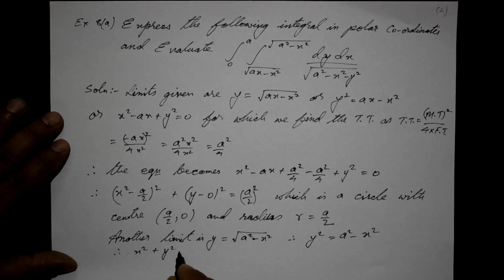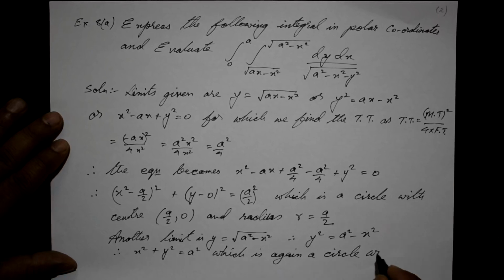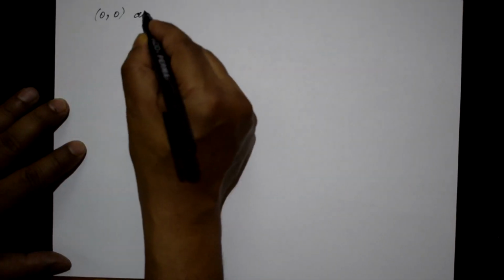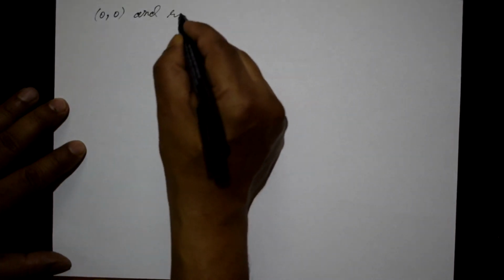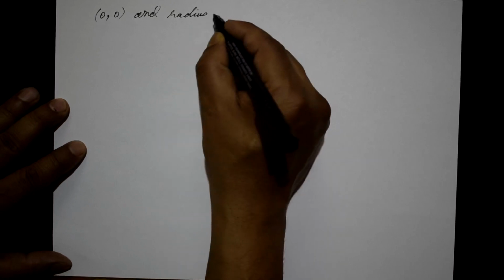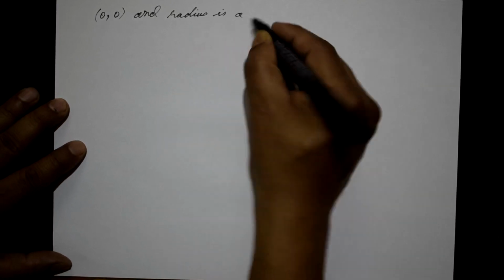Therefore, x square plus y square is equal to a square, which is a circle with center 0, 0 and radius a.